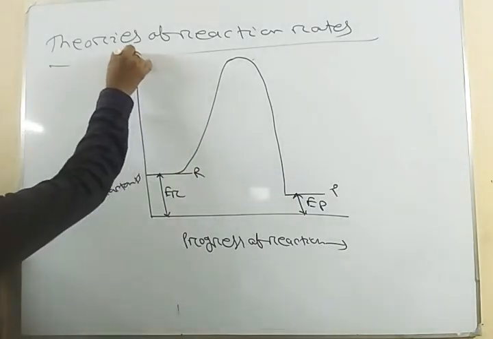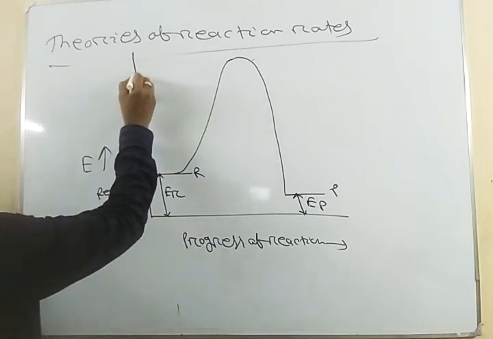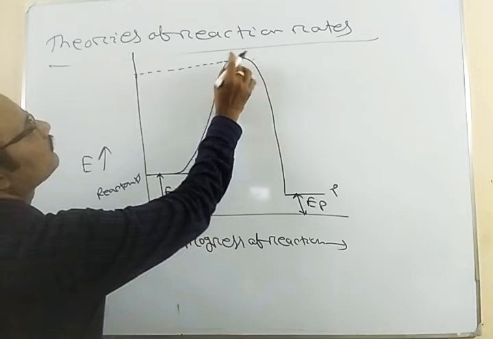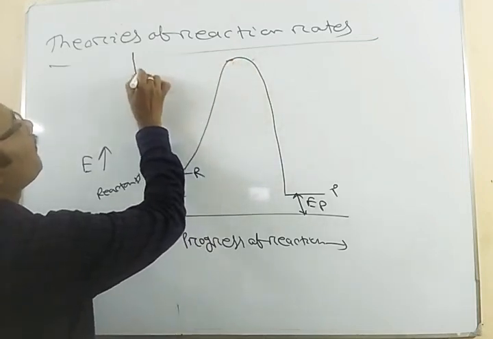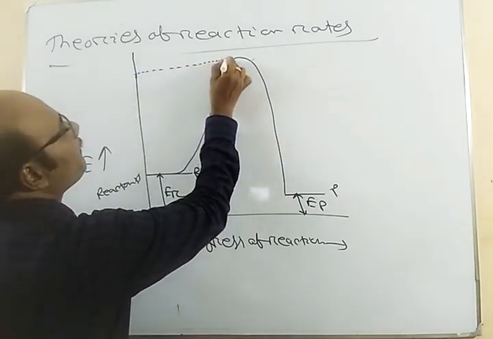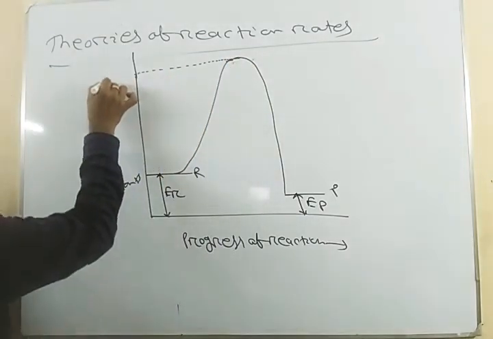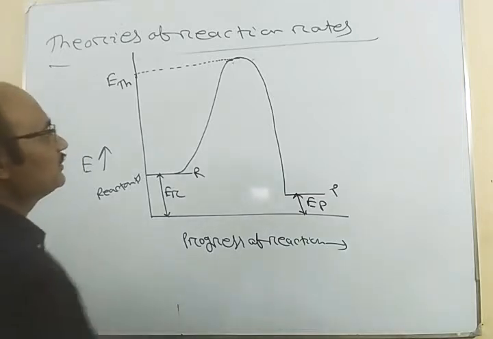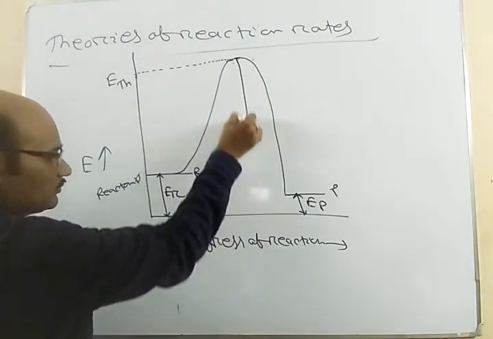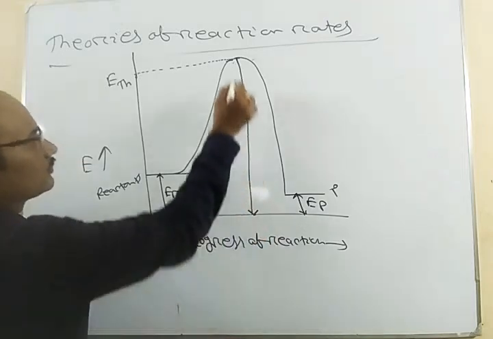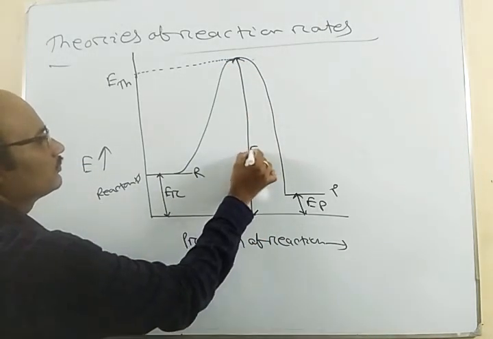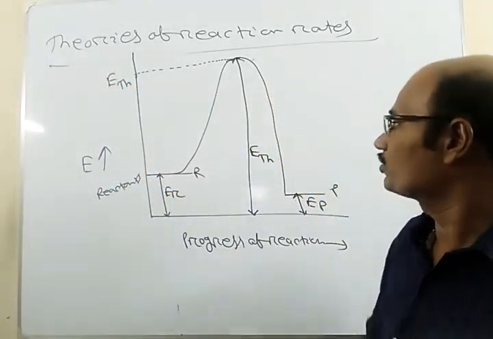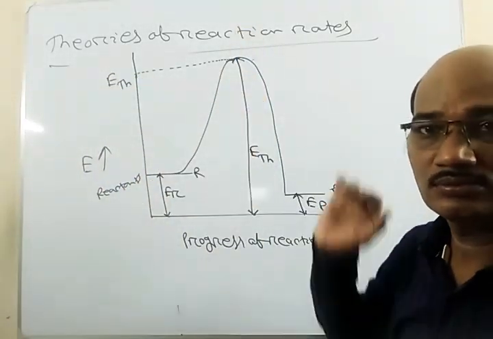And this energy level is called ETH, the threshold energy.